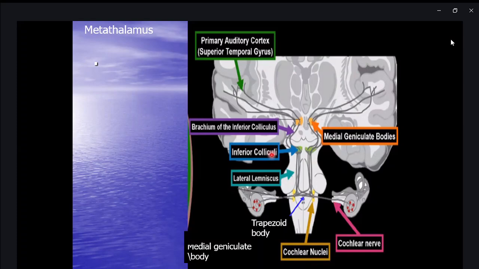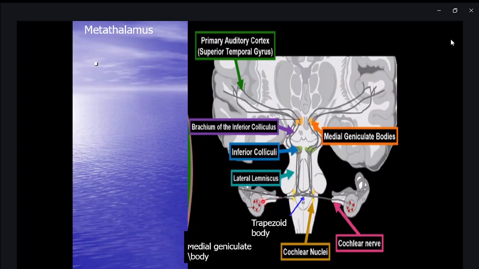When you hear some sound, you turn your head to face the source of sound. That is because of the inferior colliculus. Remember, we talked about the superior colliculus for visual, so the inferior colliculus is for auditory. So this is our auditory pathway.